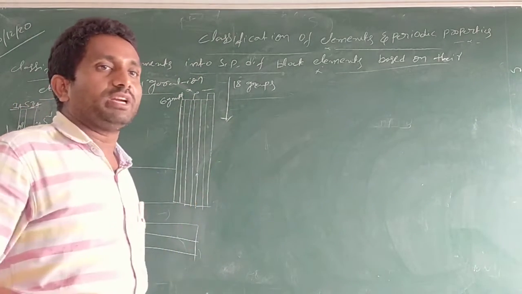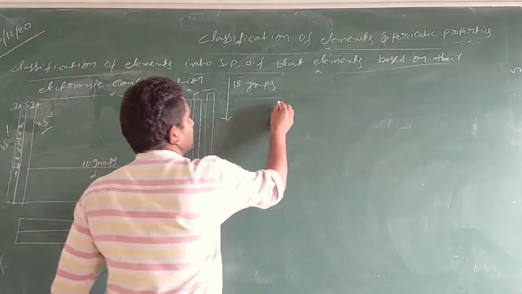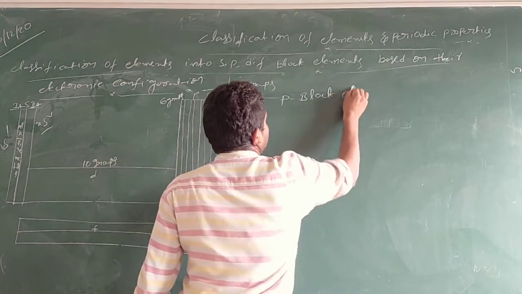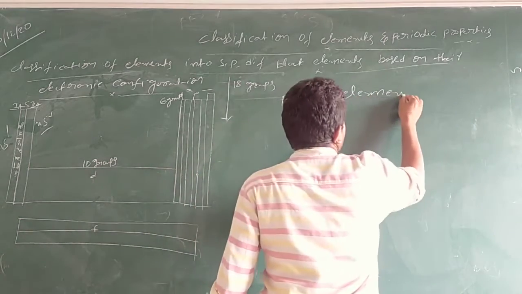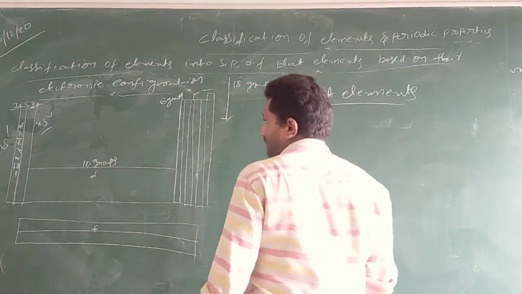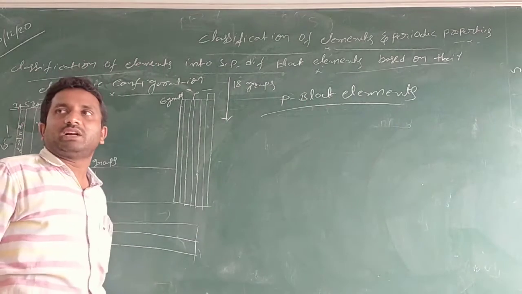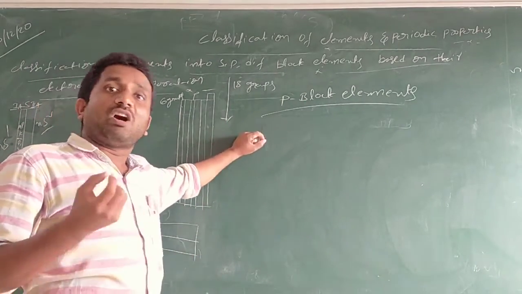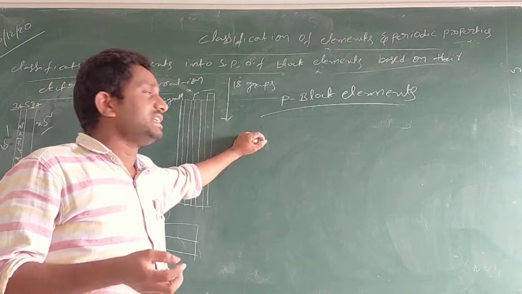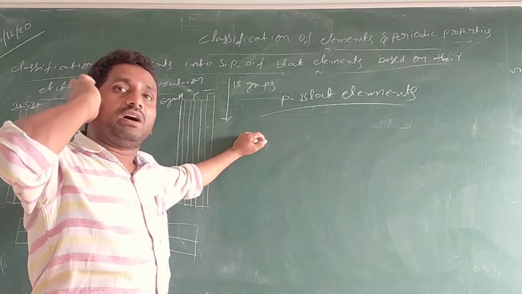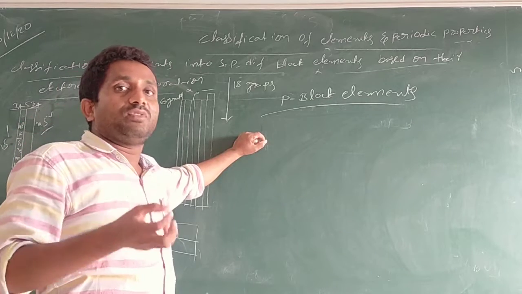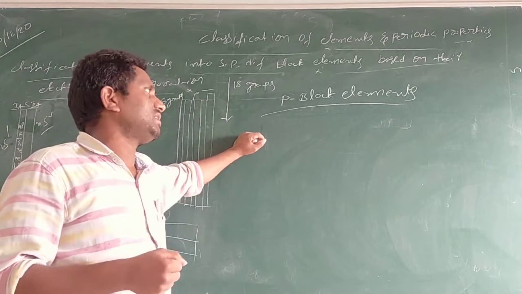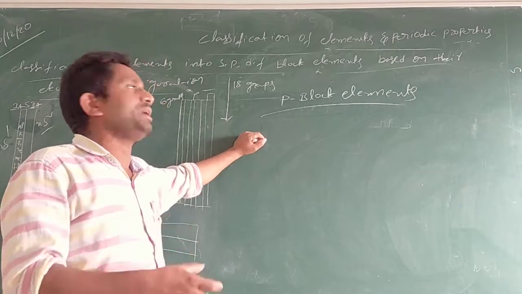Next we have to discuss P block elements. Same definition as S block: the elements in which the last, differentiating electron enters the valence shell s orbital are known as S block elements. What is meant by P block elements?